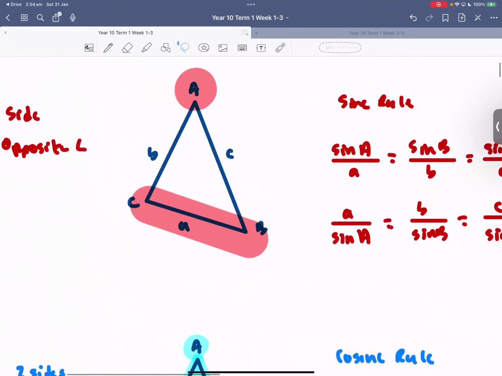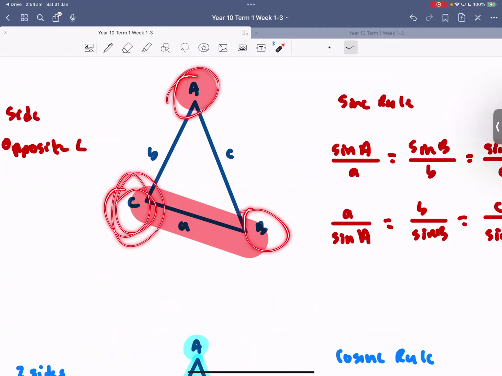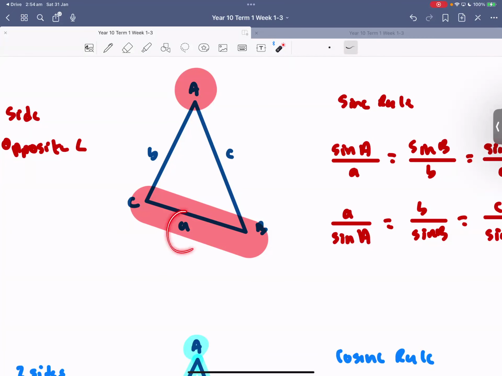First things first, how do you label a triangle? In a triangle, we always label the angles with capital letters, and all the sides get labeled using lowercase letters.